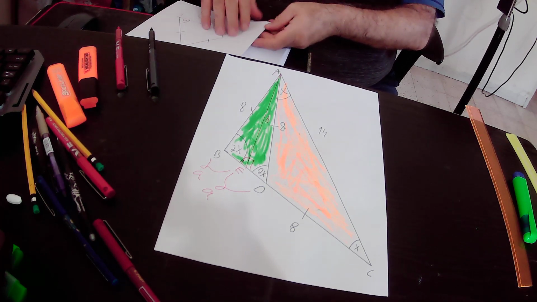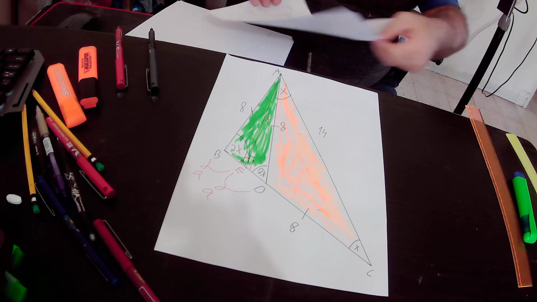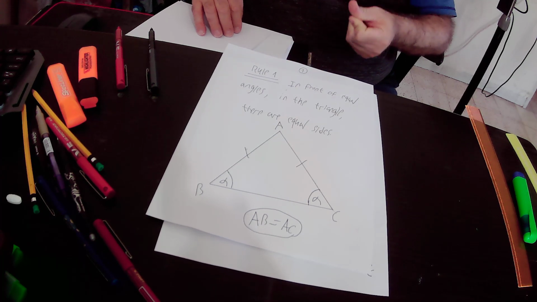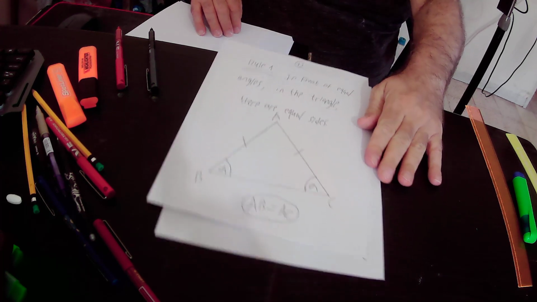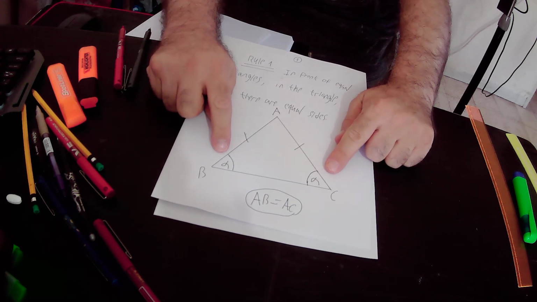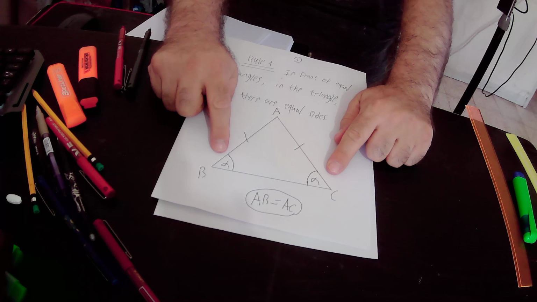According to rule number 1, in front of equal angles in the triangle, there are equal sides. So if we have triangle ABC that has two angles that are equal to each other, both of them equal to alpha, then according to rule number 1, in front of equal angles there is equal side.